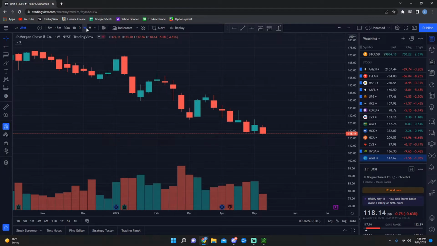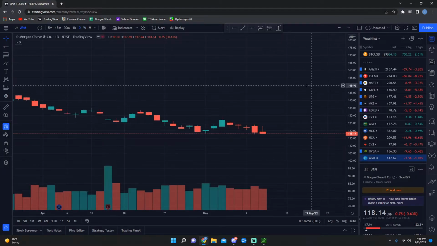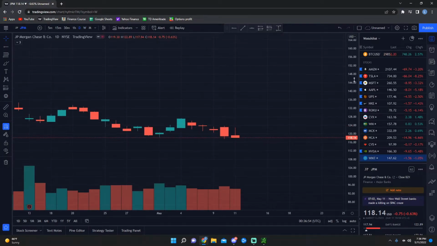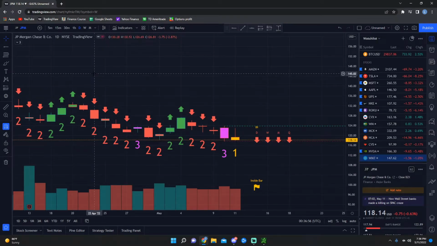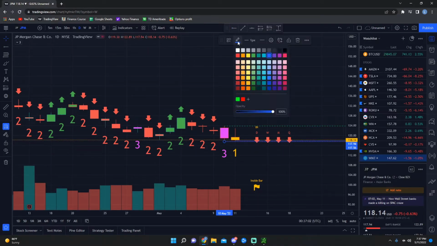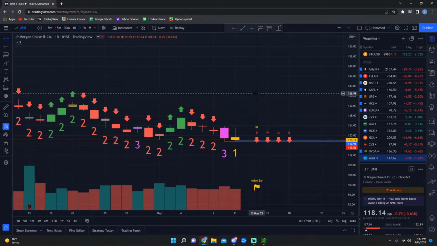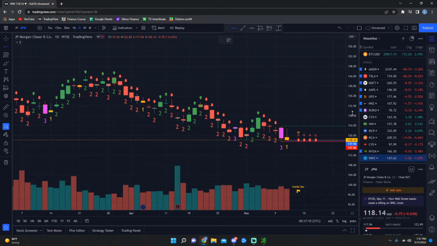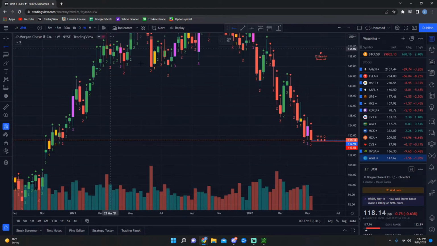JPM red. Okay. Bit of a hammer curl. I got a 3-1 here. This is a decent one. Pretty close target. Still, this is an okay setup. Let's see.